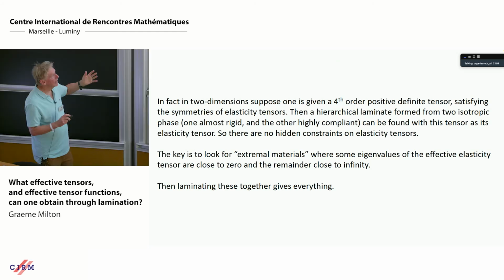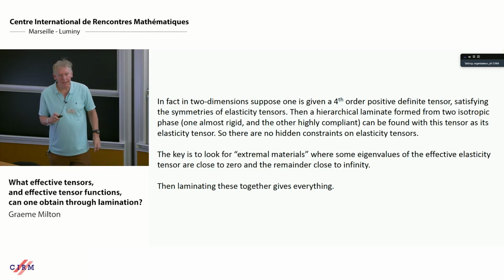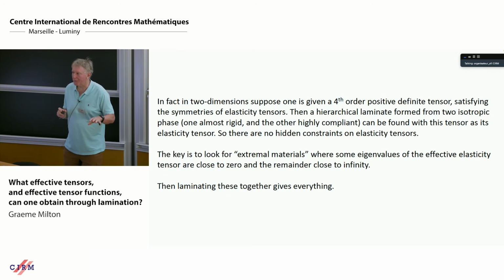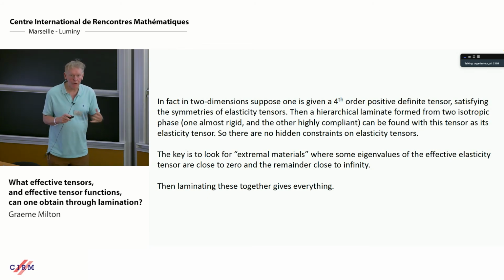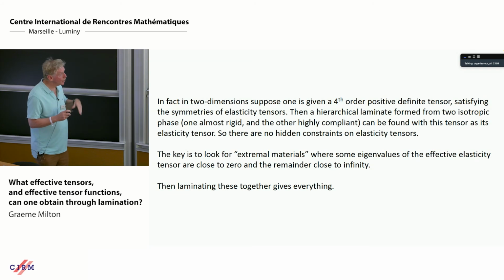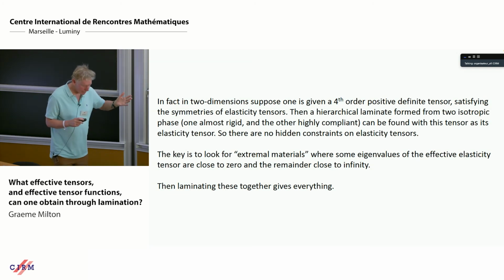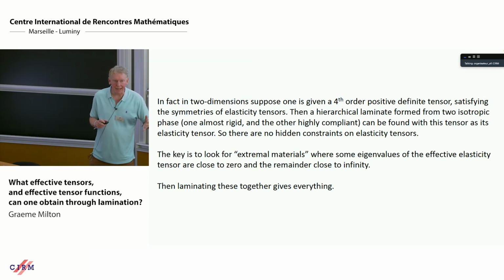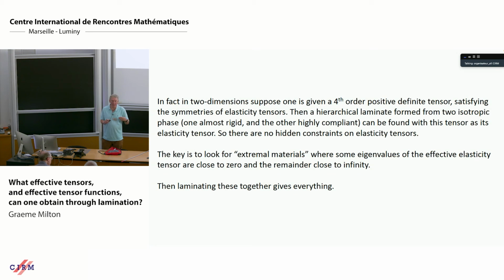So more generally, the elasticity properties of anisotropic materials are realized by their tensors, and they're 4th order tensors. And so you can ask whether you can actually achieve any tensor, or more generally, because of stability, the elasticity tensor has to be positive definite and also needs to satisfy some symmetries.